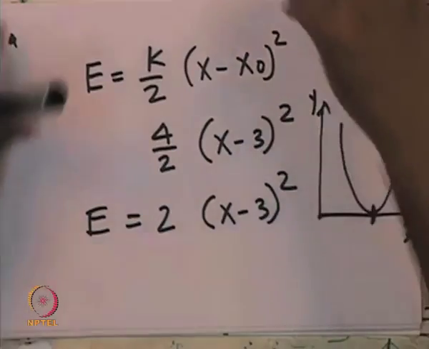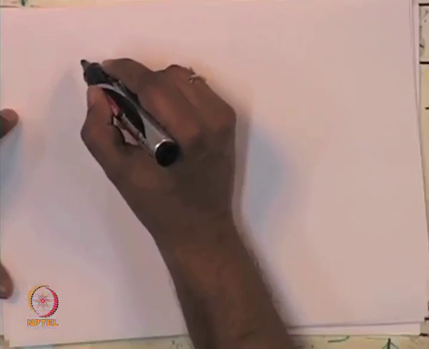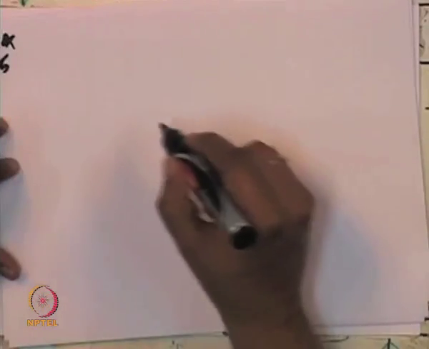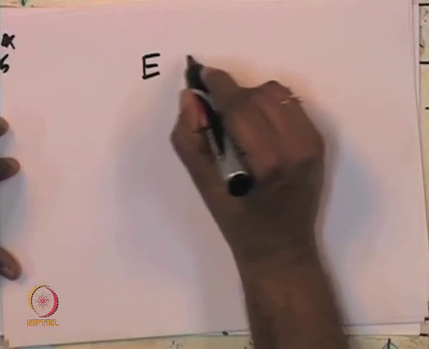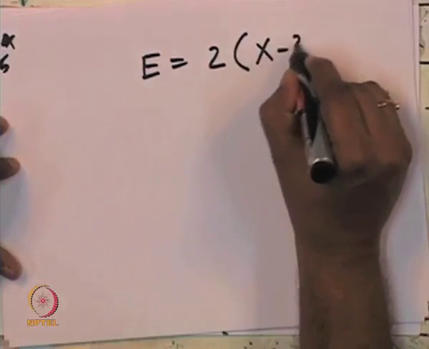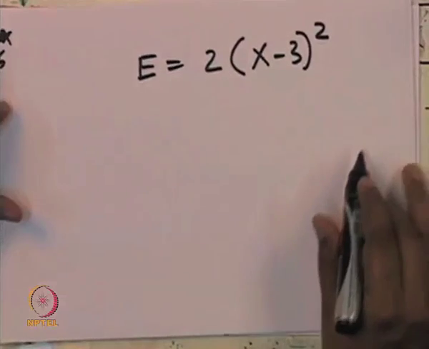So, the way to find this out is, as we said, we find the derivative. So, let us have a look at it. So, the derivative: energy is 2 into x minus 3 whole square.